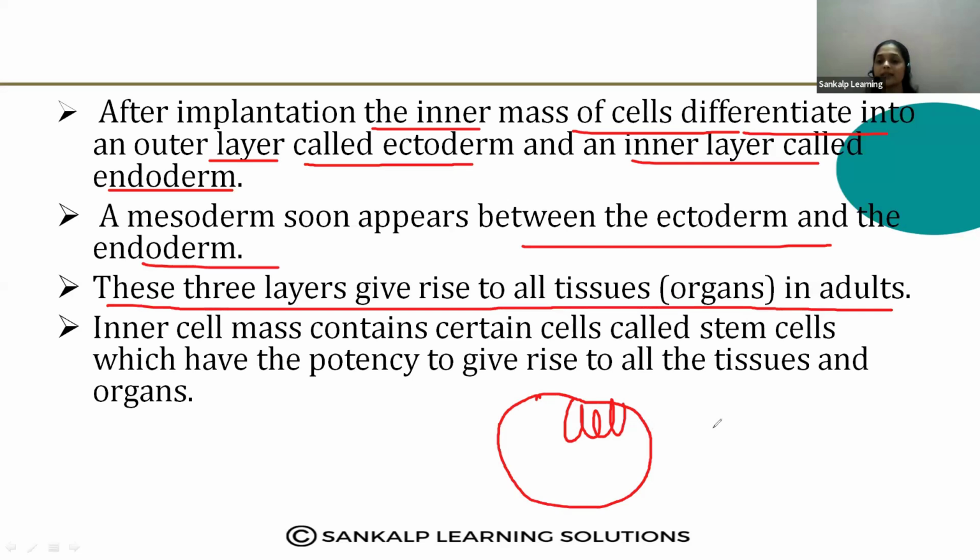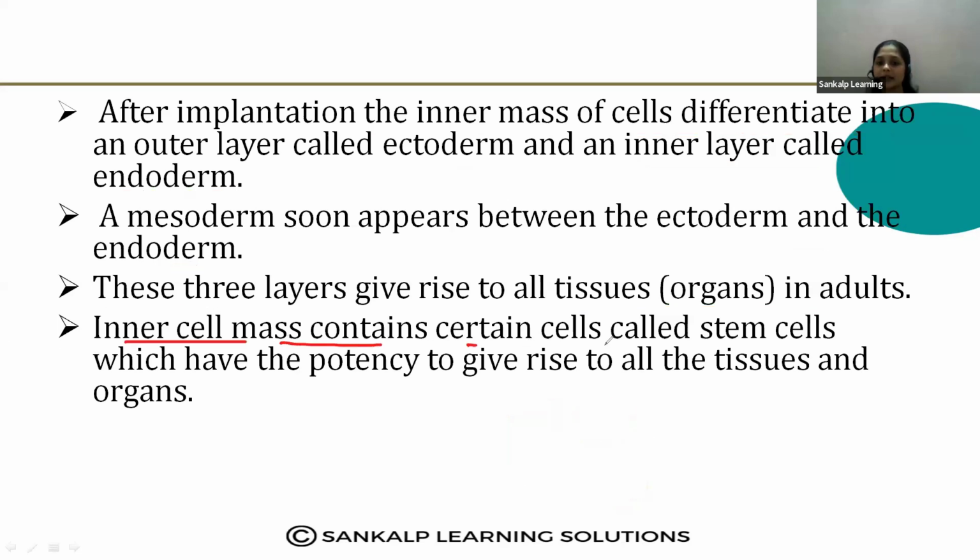So these three layers, ectoderm, endoderm and mesoderm, give rise to the organs in the adult. And one more important point here: the inner cell mass contains certain cells called stem cells, which have the potency to give rise to all the tissues and organs. Very important.